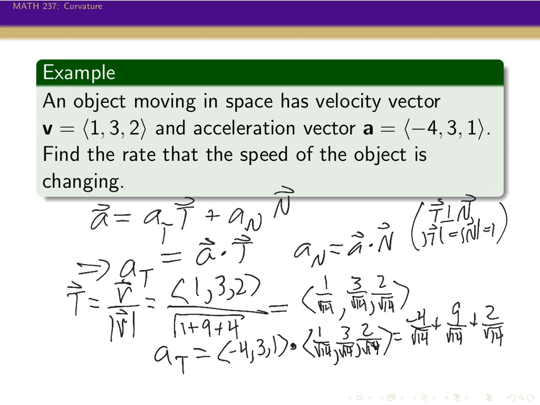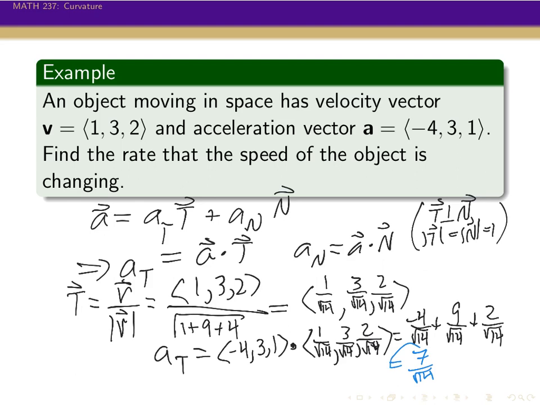And so then putting this all together, minus 4 plus 9 plus 2 is 7 over square root of 14. And so that is telling us what our change in speed is.